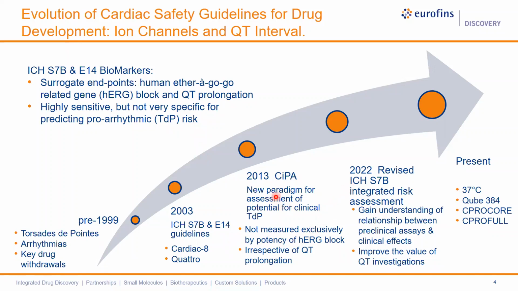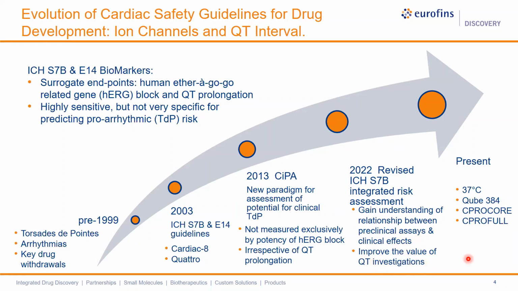The evolution of CiPA came across in 2022 with the revised ICH S7B integrated risk assessment, to gain an understanding of the relationship between preclinical assays and clinical effects and improve the value of QT investigations.